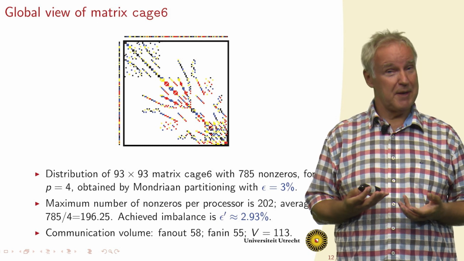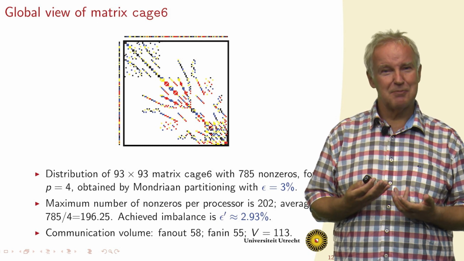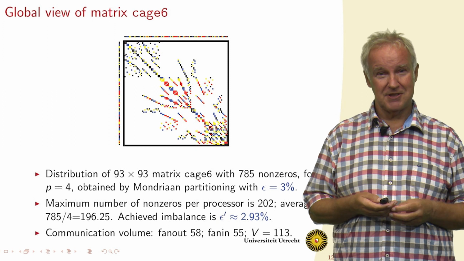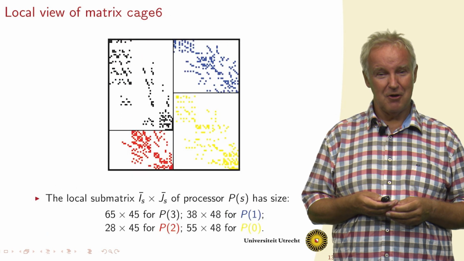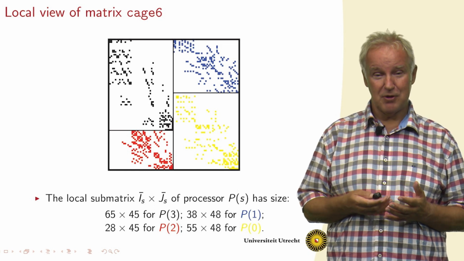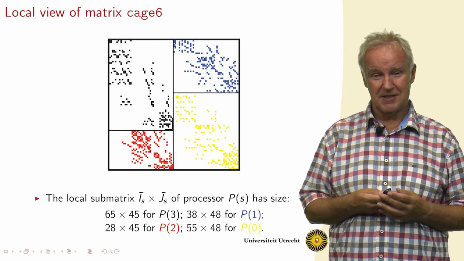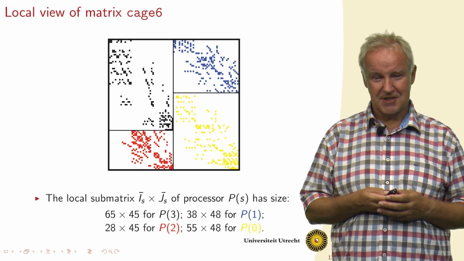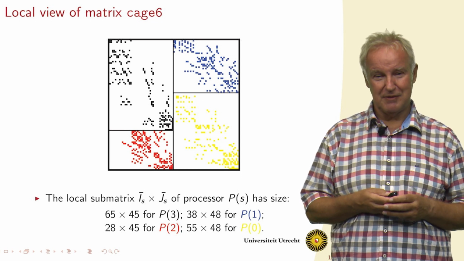The global view may be pretty, but you can't see that much about the structure of the matrix. And that's why we also have the local view. This is what the processors see. For example, the black processor has this part. It's a 65 by 45 submatrix.